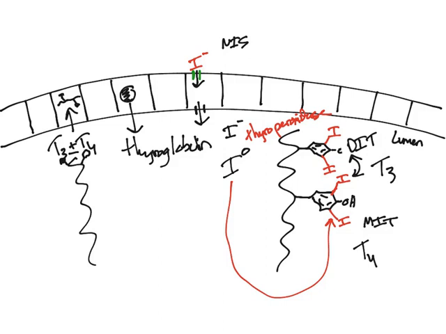And then it's going to be broken down by a bunch of different proteases. It's going to undergo proteolysis. And pretty much it's going to get broken down just into T3 and T4, which is then going to be excreted from the cells, secreted into the bloodstream. So that would be a blood vessel up here.